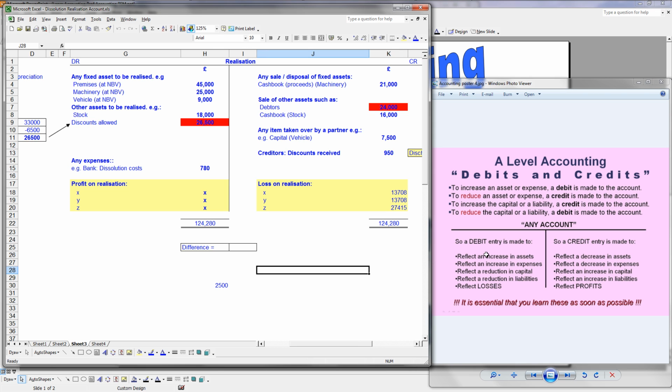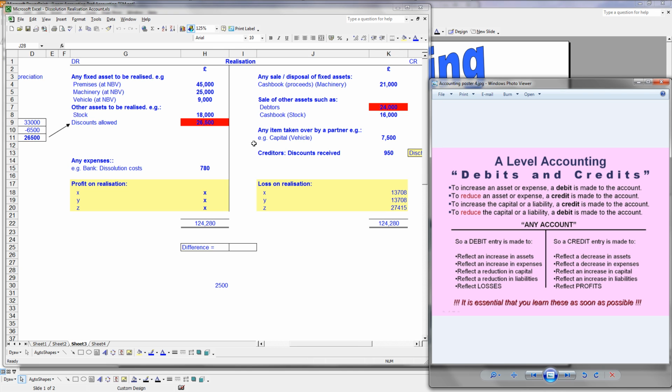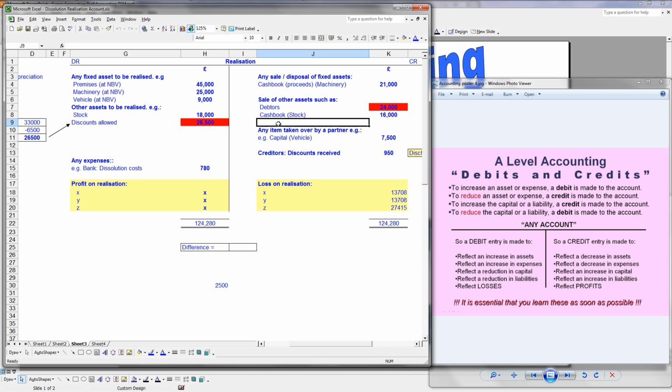And don't forget the accounting equation: assets equals capital plus liabilities, and then you can rearrange it to capital equals assets minus liabilities. Typically the horizontal ledger has assets on the debit, and capital and liabilities on the credit, which is the way ledgers operate. So that is the approach to working out the realization. Treat it in that way, and you shan't go wrong.